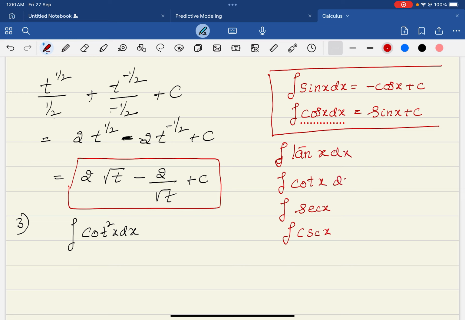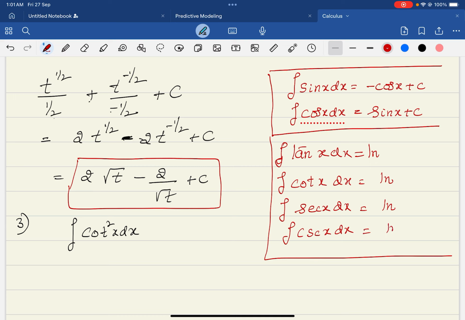How to remember these formulae? These four are another set where all of them have ln. For tan x, cot x, secant x and cosecant x, you have ln. Always, tan is a combination with secant and cot is a combination with cosecant. Let us remember it like that.